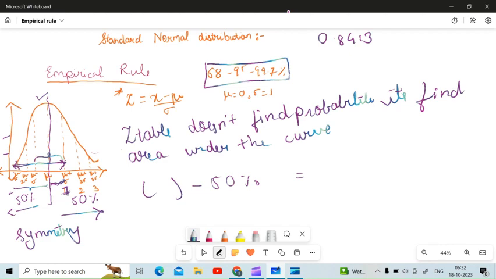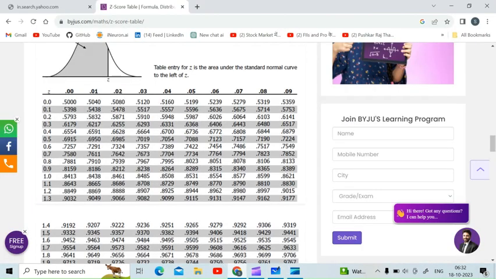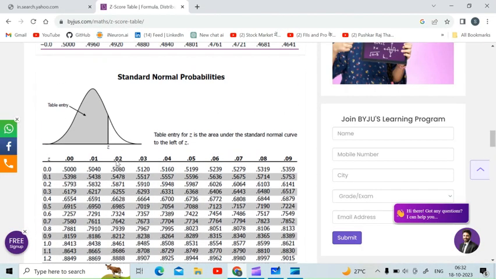But since I am calculating in percentage format, we can take it as 84.13 percent. As shown in the Z table, it calculates this shaded gray area.